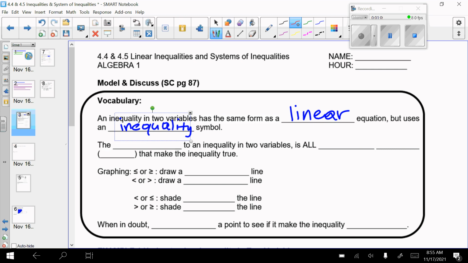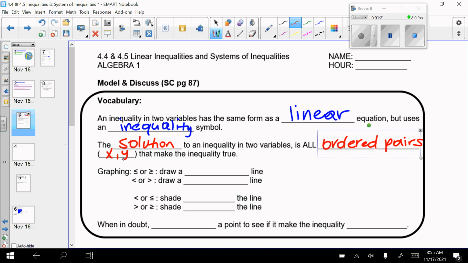And the solution to an inequality in two variables is all of your ordered pairs, x comma y, that make the inequality true.